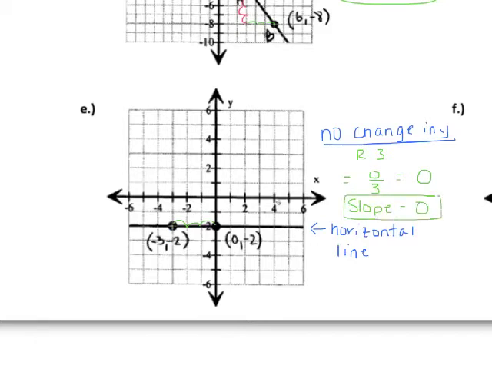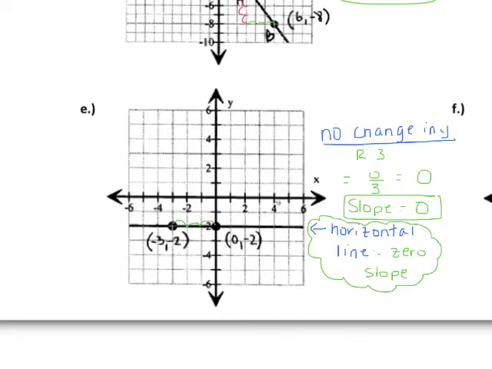Now, this is important because the horizontal line, all right, this is really, really key here. So the horizontal line has a 0 slope. It's not saying it doesn't have a slope. It's saying the slope value is worth 0. Okay? The slope value is worth 0.